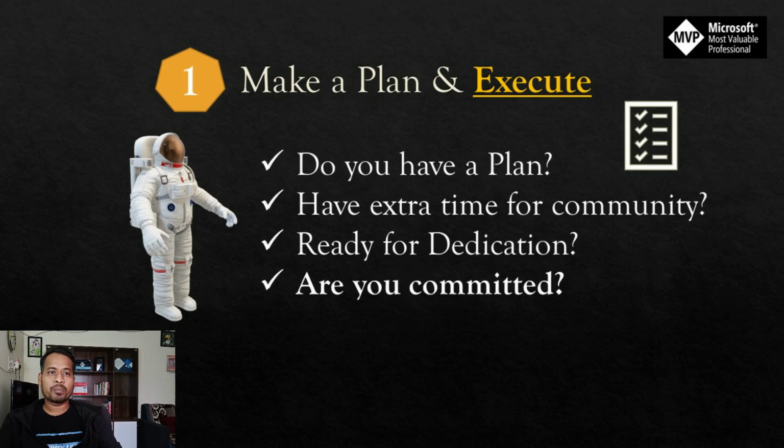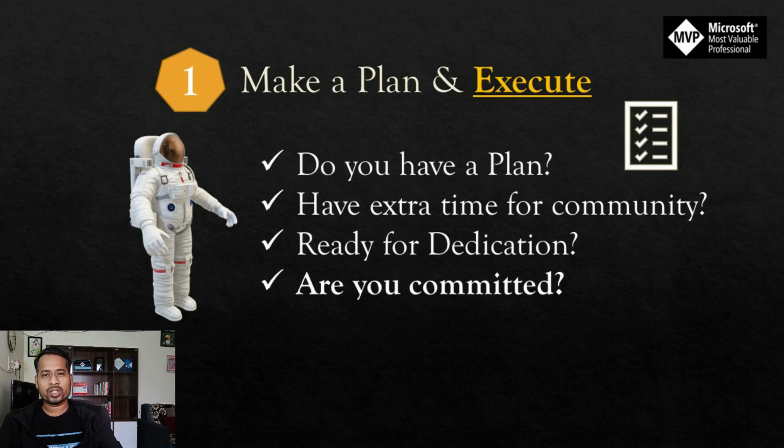Now, the first thing is make a plan and execute it. Underline, execute. Number two, start a blog. Once you are committed to MVP award, you understand that you have some time to give to the community from your extra, from your personal time. Besides your working hours, right?